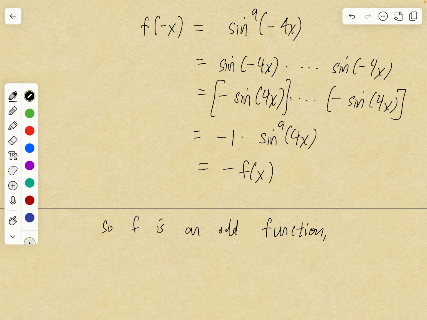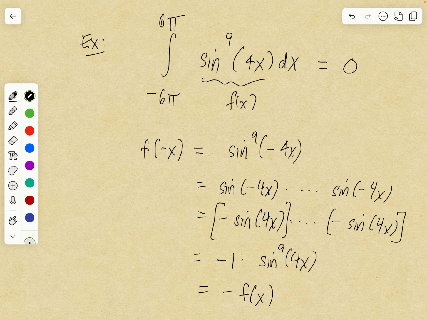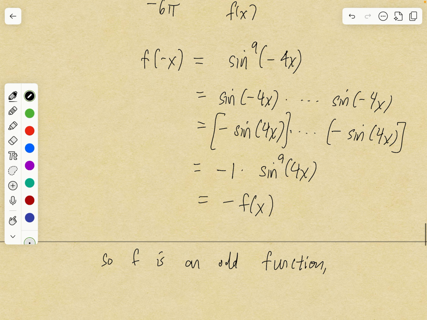And then you have 9 negatives being multiplied, so you get negative 1. So that's why you have to raise this to an odd power. So if I had sine of 4x to the 10th power, then this trick wouldn't work, right?